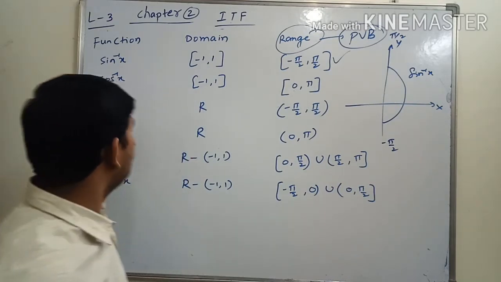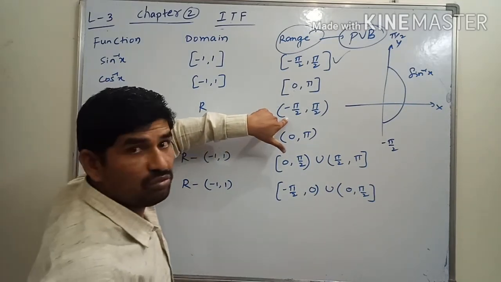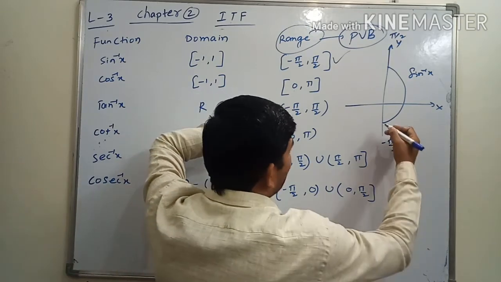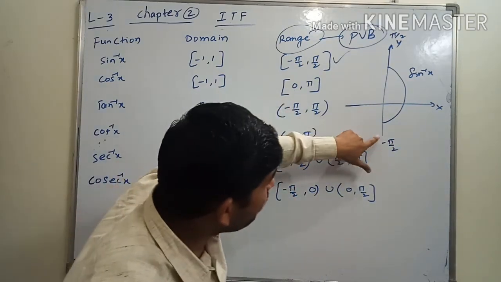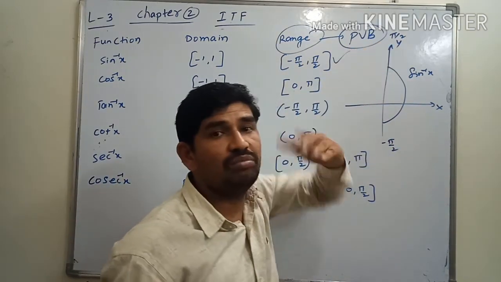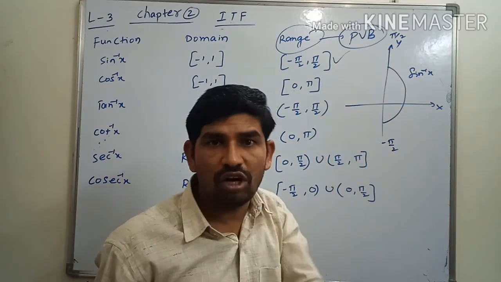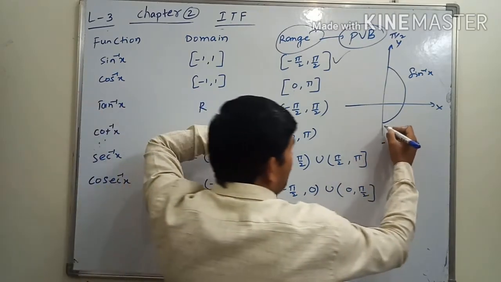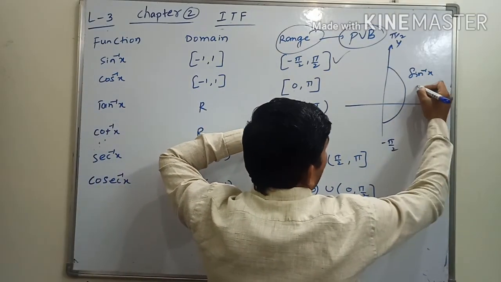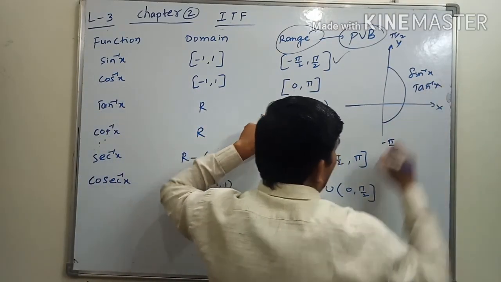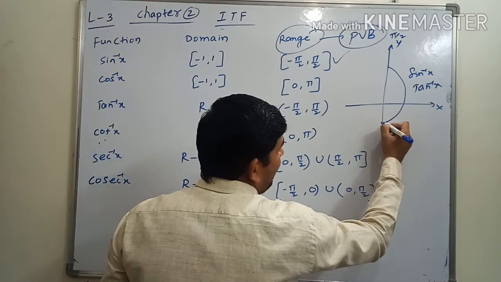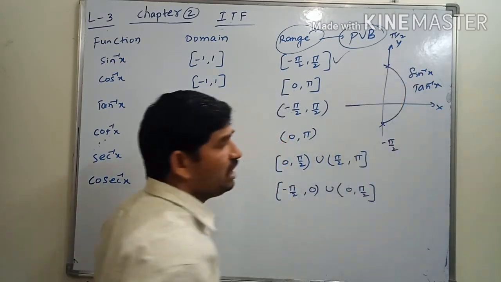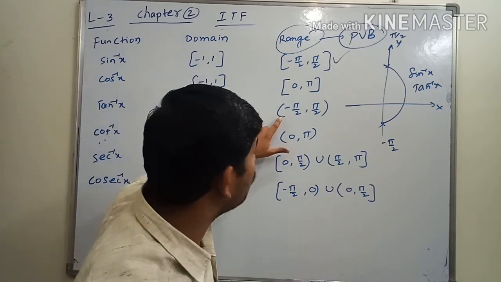Next we are taking tan inverse, which is also minus π/2 to π/2, but at plus and minus 90 degrees tan is not defined, so that's why we are taking the open interval.